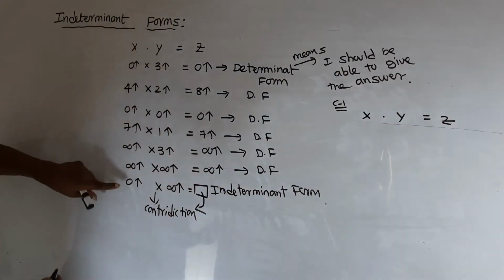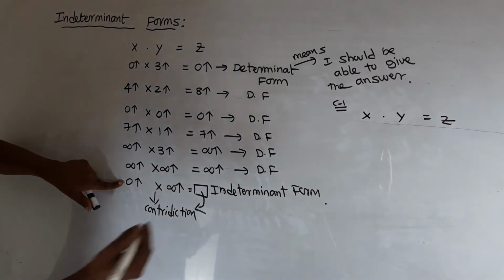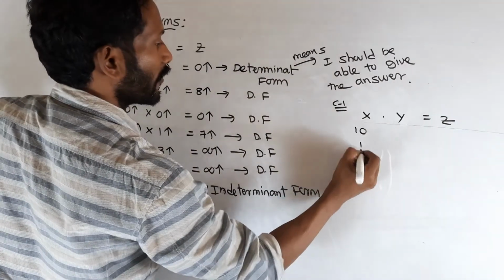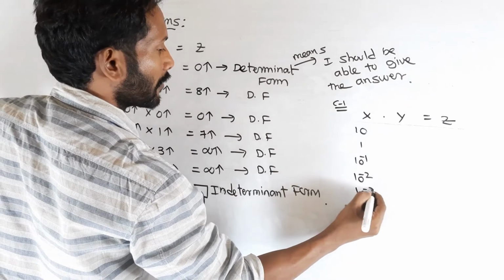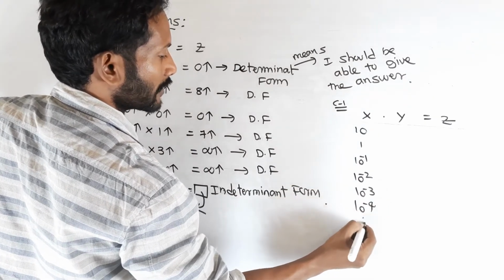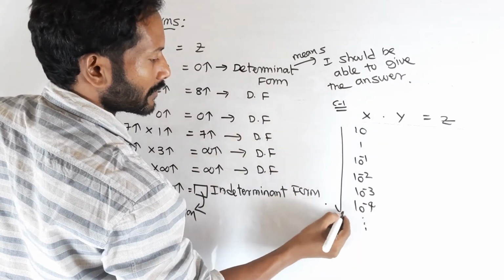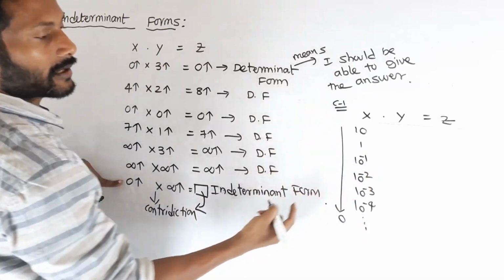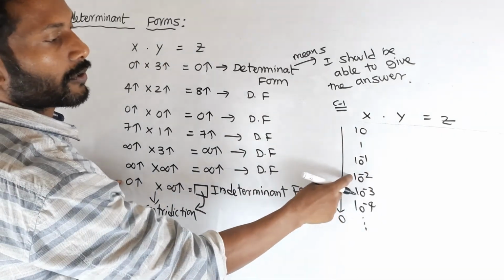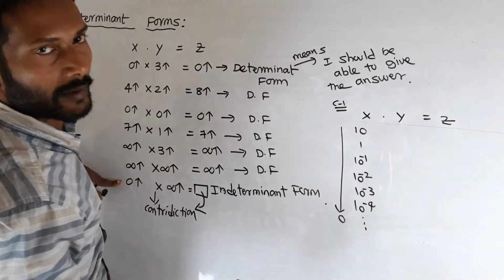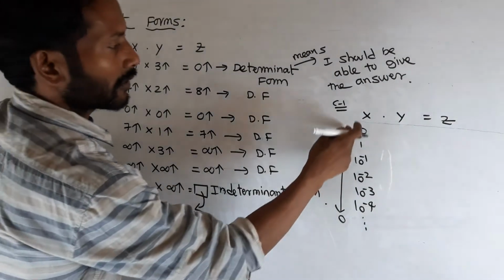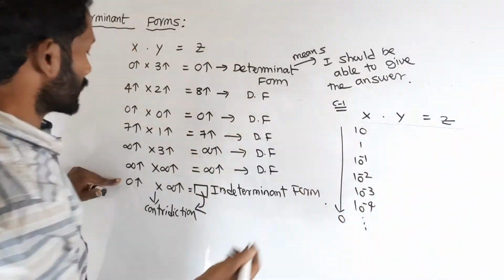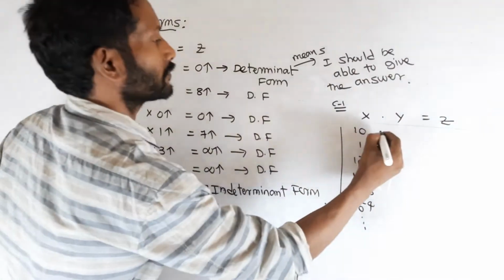Here x approaches 0: 10 power minus 1, 10 power minus 2, 10 power minus 3, and so on, that is 0.1, 0.01, 0.001. So x approaches 0, y approaches infinity.